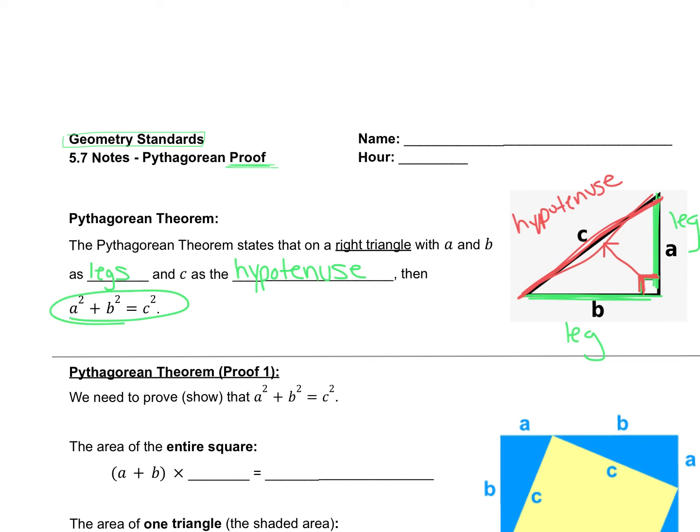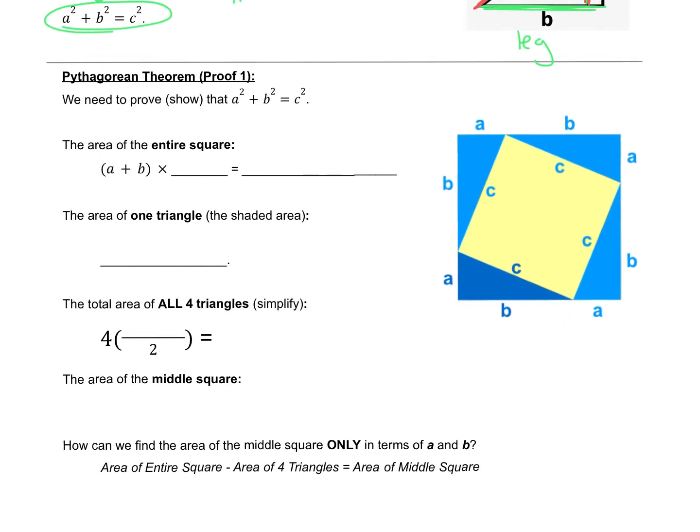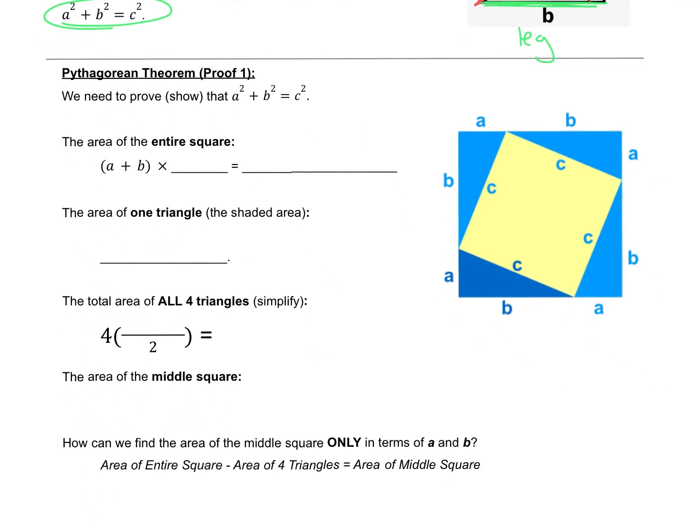Okay, you have worked with this many times before. Okay, so in the first proof we're going to talk about, we're going to show or prove that a squared plus b squared equals c squared. And the really cool thing here is that there's a picture. Okay, so I hope you see a bunch of right triangles. The cool thing about this is all of these right triangles are exactly the same. So this first one has a side length of a and b.